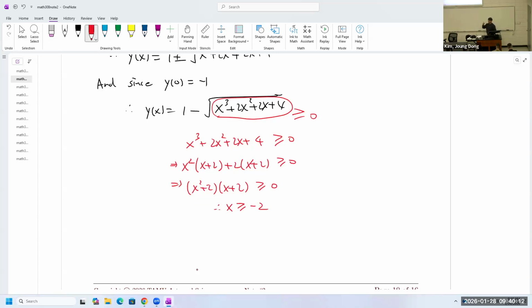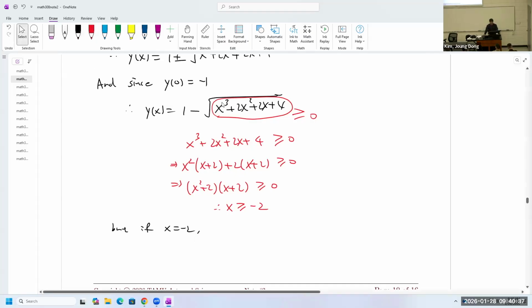But you know what? There is always a problem that happens at the endpoint. So we have to look at when x equals -2, okay? Here we go. If x is equal to -2, what happened? When you plug in -2 in there, look at that. -8, +8, -4, +4, which is whole 0.